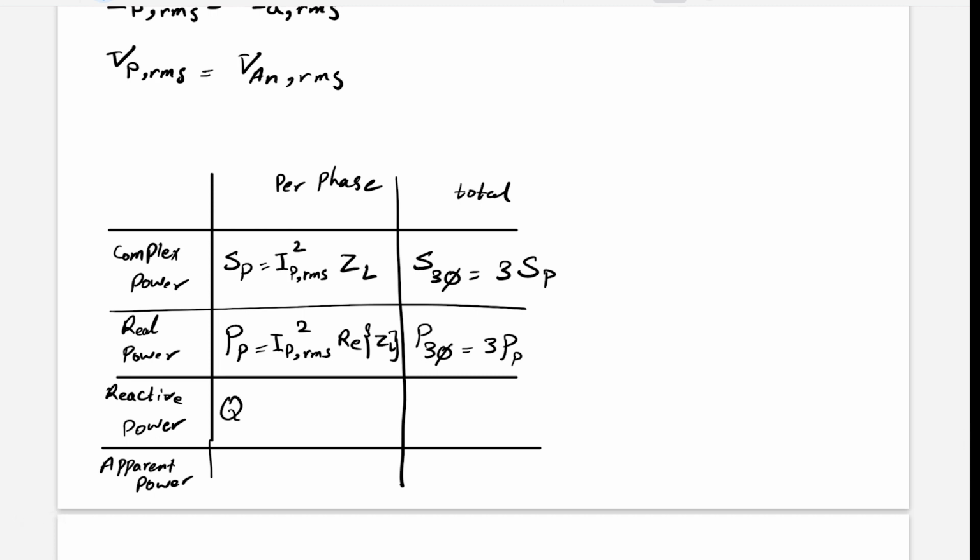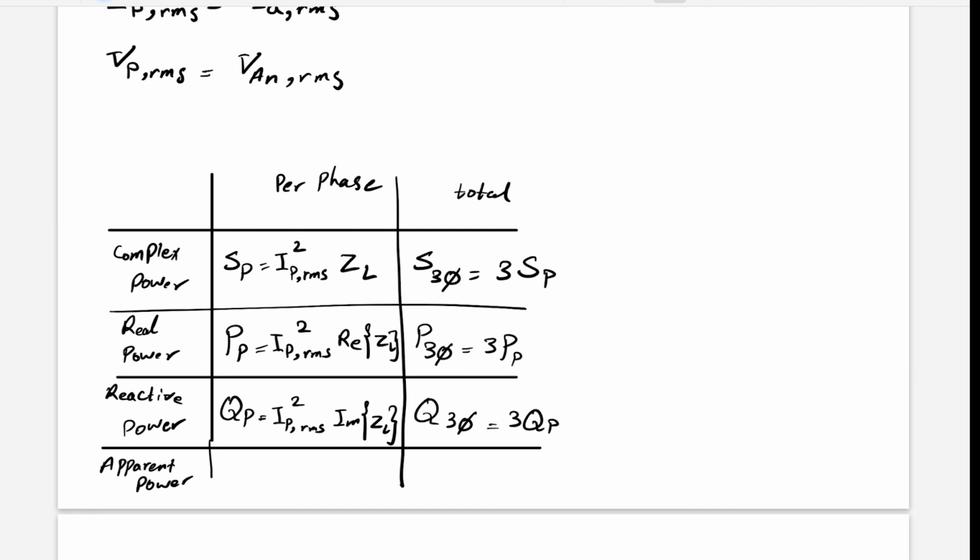This was QP, IP RMS squared times the imaginary part of the load impedance, and the 3 phase Q is equal to 3 QP.